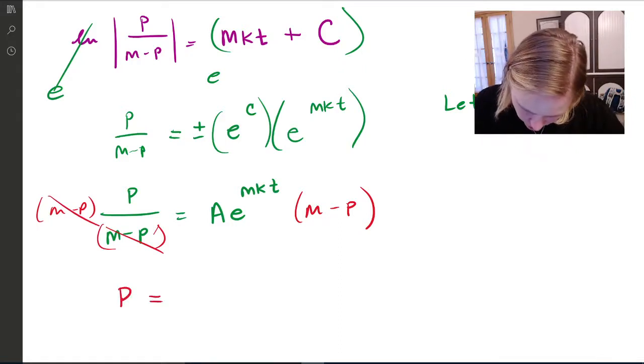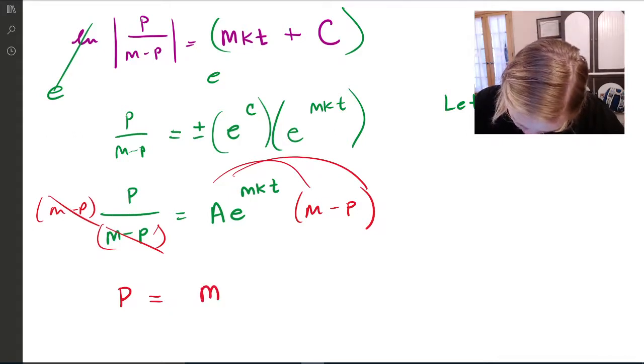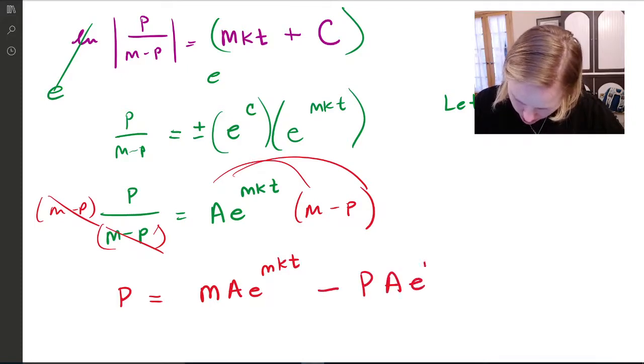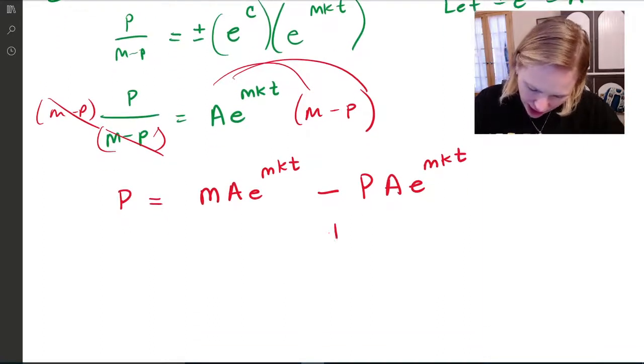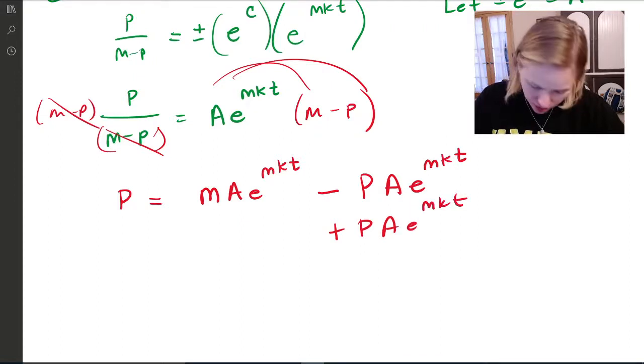P equals, I'm going to go ahead and distribute this in. So it's going to look like this. M times A e to the mkt minus p times A times e to the mkt. Now I'm going to add this guy over to the other side.